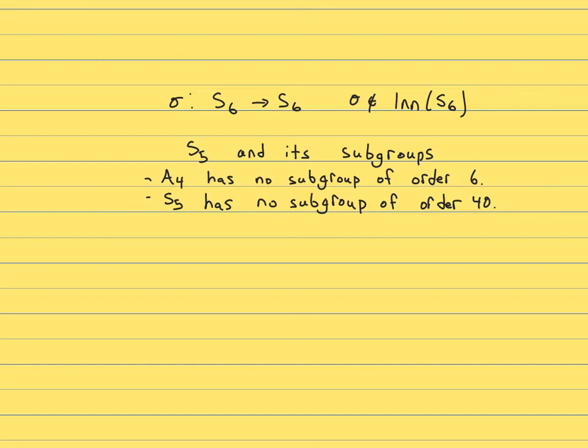And so how would you prove such a thing? Well, suppose it did. Call the subgroup H. By Sylow theory, H has a Sylow 2 subgroup and a Sylow 5 subgroup.